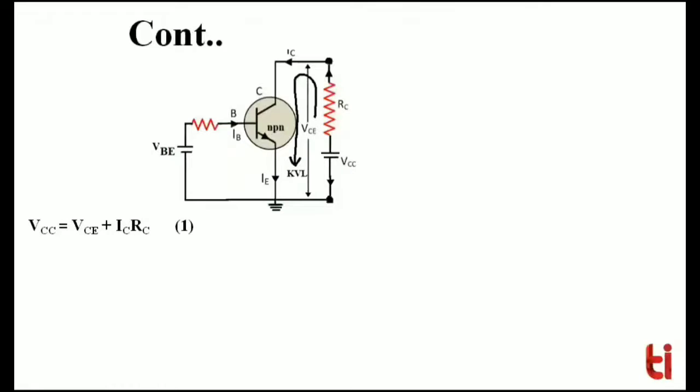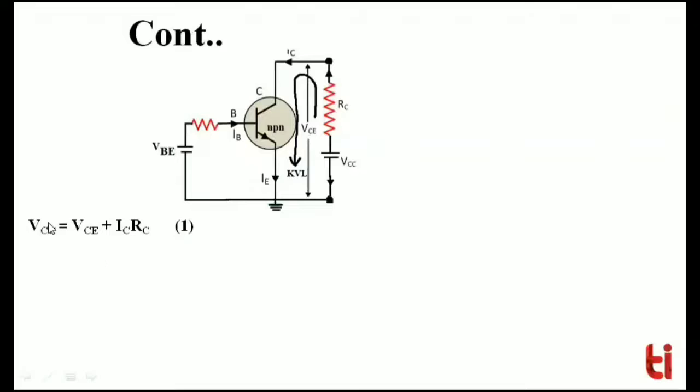This equation shows that both VCC and RC are constant values, and it is a first degree equation which is represented by a straight line on the output characteristics. This straight line is called the DC load line.